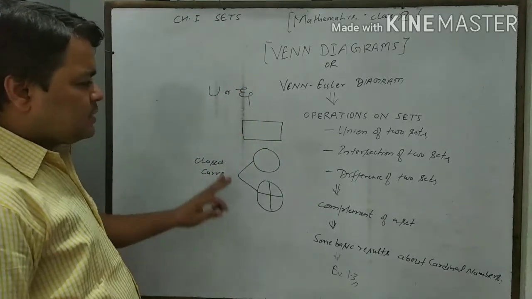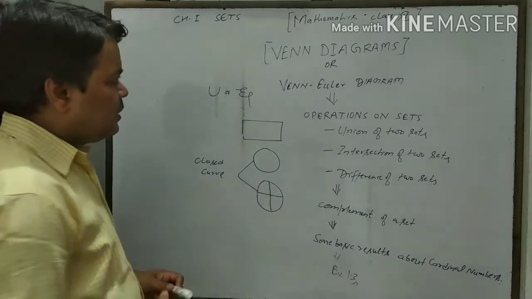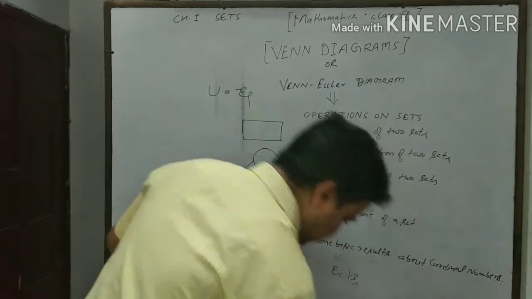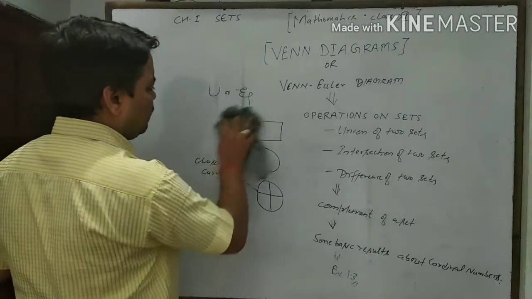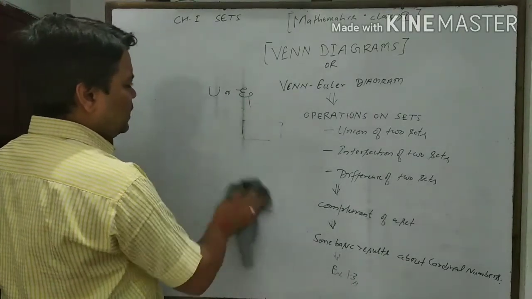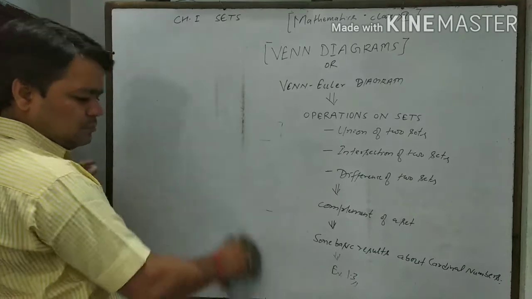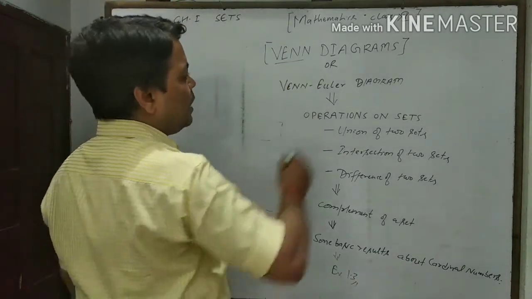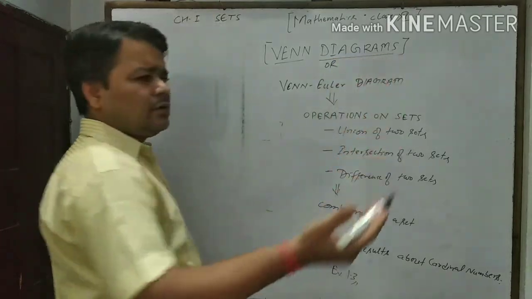Remember this concept before starting the definition of Venn diagram. So here, what is the definition of Venn diagram? Here Venn means the name of the founder, and diagram means simple diagram.